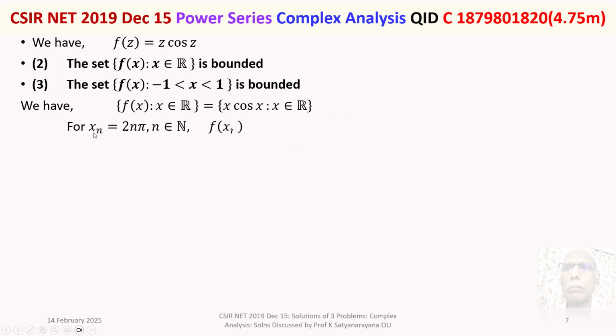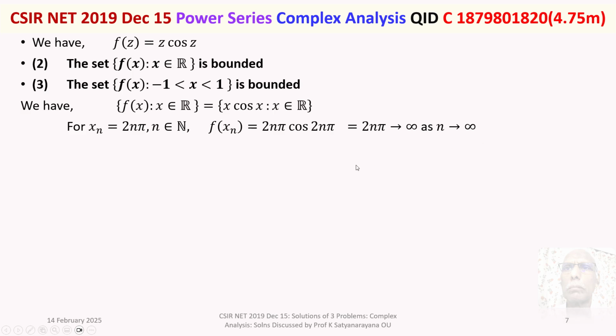For the sequence x_n is equal to 2n pi, n belongs to N, the values f of x_n are 2n pi cos 2n pi, and cos 2n pi is 1 for all n. So that is 2n pi, which tends to infinity as n tends to infinity.